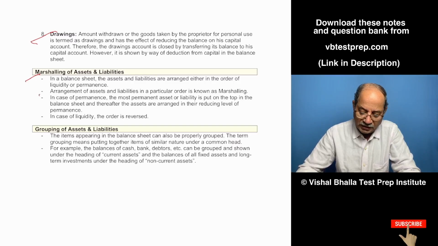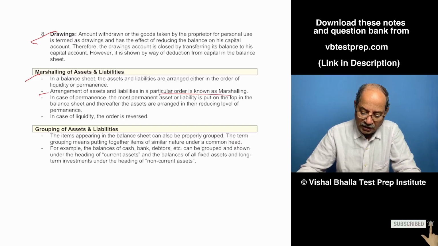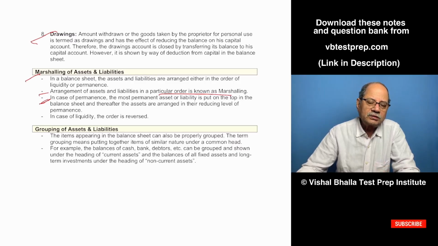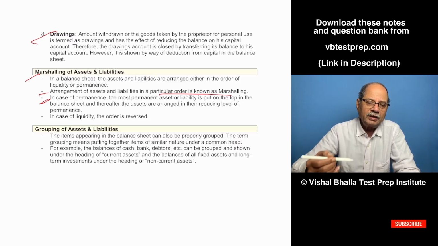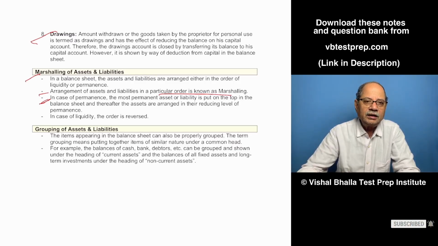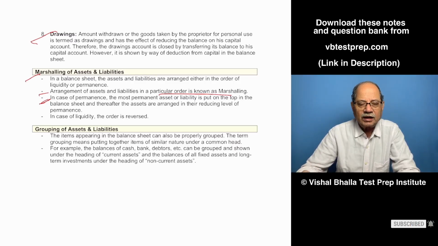In the case of permanence, the most permanent, most fixed asset is written first, and then gradually we write less fixed ones, and then further less, coming finally to the current assets. This way we make a hierarchy of assets, with the highly fixed assets at the top. Similarly, highly fixed liabilities are at the top, and then gradually we reduce the permanence and move to the liquid side.